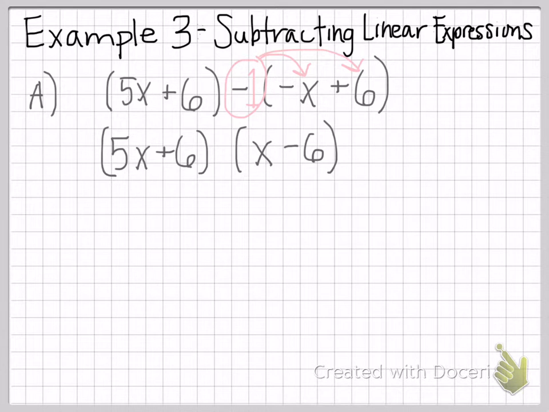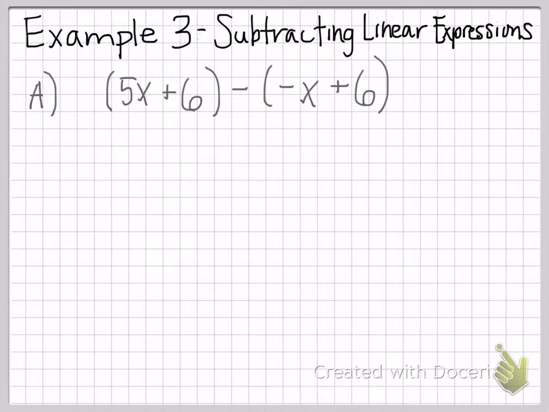Okay, so what you could do here is you can just go through and change the signs. So you can, let me get my red marker, you can add the opposites. Okay, so whichever is easiest for you, notice that you still have that x minus 6 in there.